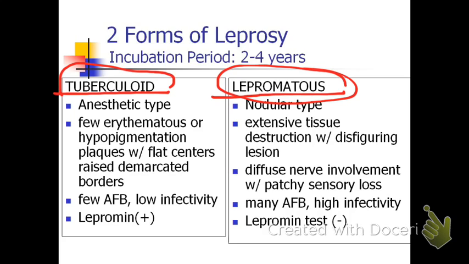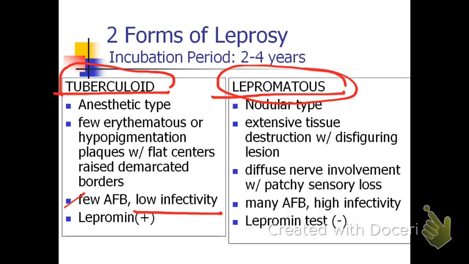Well, if you want to choose a lesser evil, then that would be the tuberculoid type, otherwise known as the anesthetic type, because there would be only few acid-fast bacilli here and low infectivity. So here you'll have few erythematous or hypopigmented macules with flat centers and raised demarcated borders. This one is positive for the lepromine test.